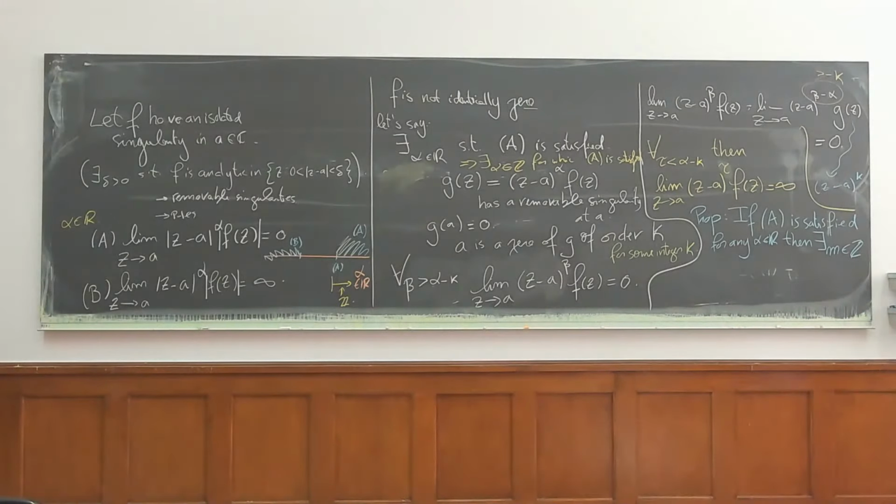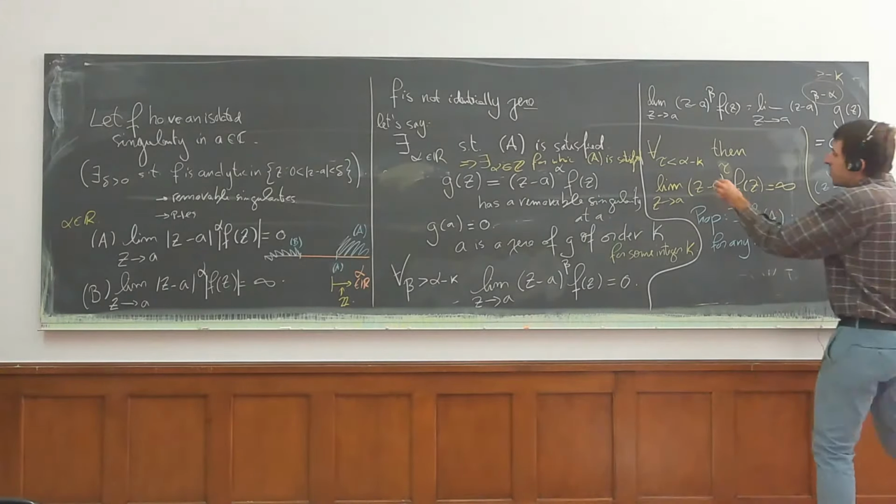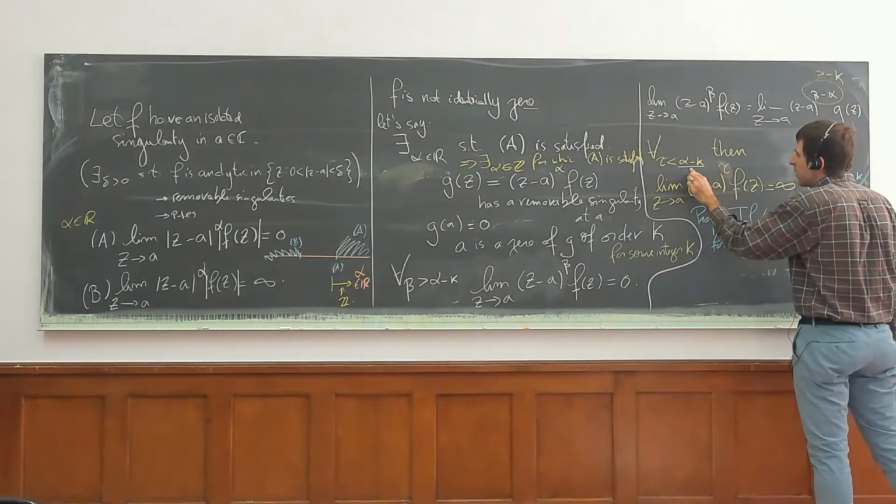Let me see if there's any special letter that is usually used. Sometimes people usually use h, so let me use h. So there's an integer h, which here is alpha minus k.